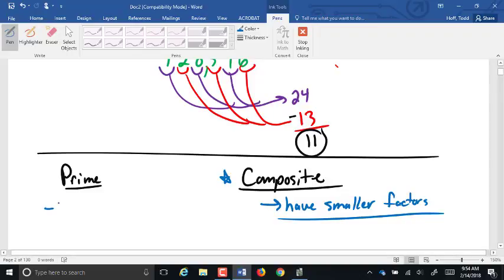Prime numbers are divisible by only 1 and themselves. Remember we said we didn't count 1 as being a divisibility issue because anything can be divided by 1, so we don't count that.